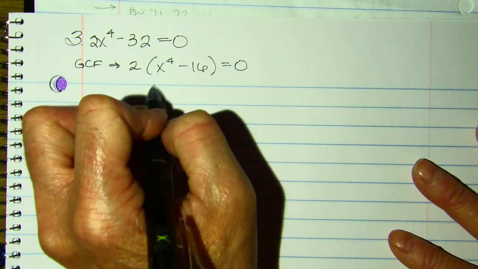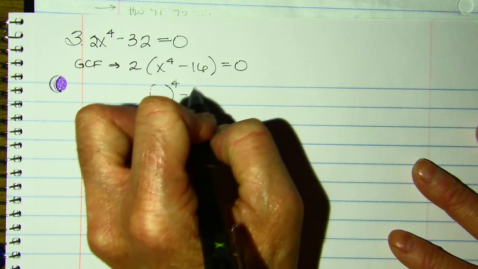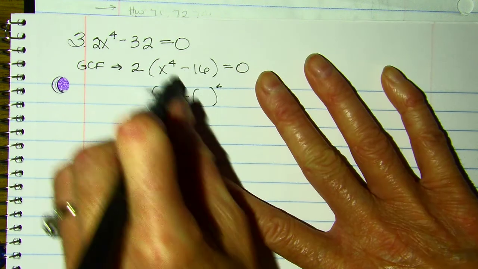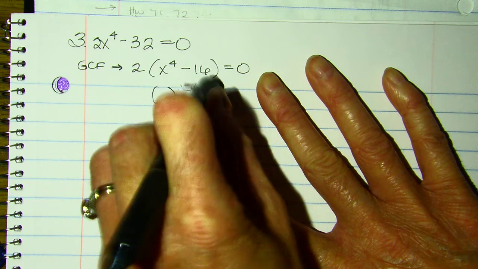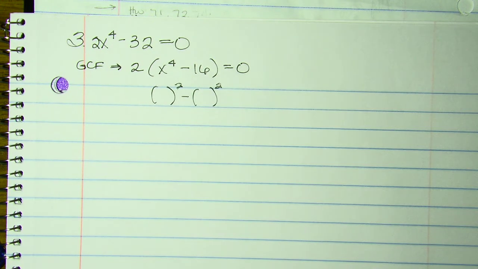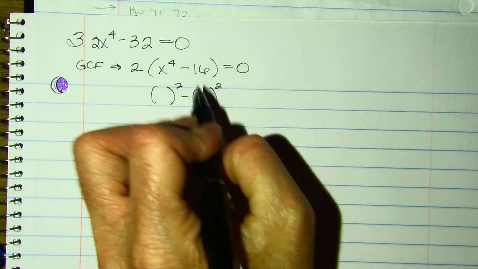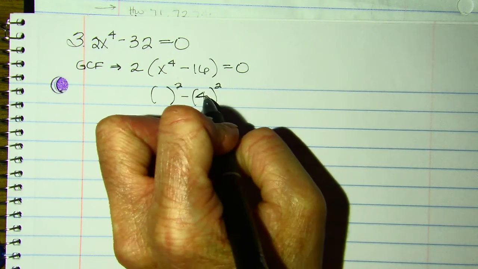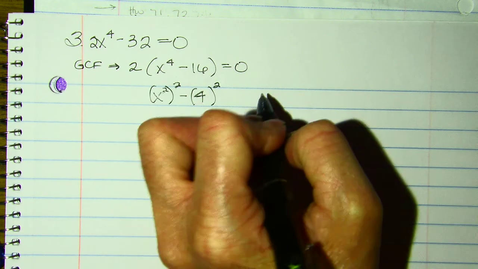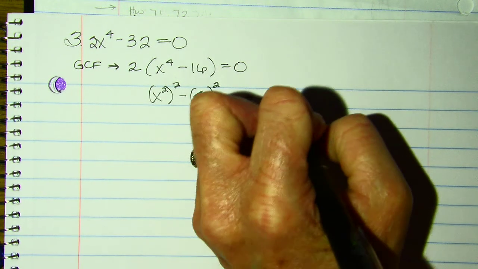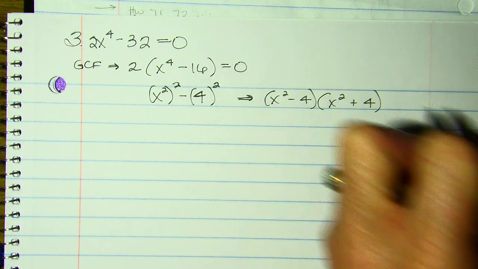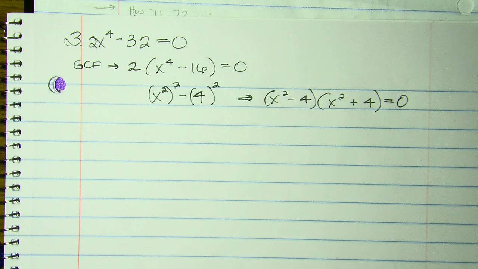Now, I'm going to identify the difference of two squares. So 16 is 4 squared. x to the fourth is x squared, squared. So my factors would be x squared minus 4 and x squared plus 4. And I'm going to set it equal to 0.